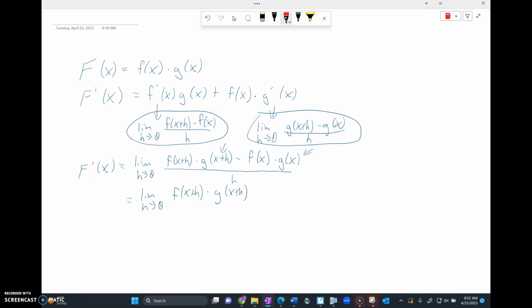If I introduce a minus f of x plus h times g of x, I'm introducing that because if I factor out an f of x plus h, I'm left with g of x plus h minus g of x, which would get me to that limit definition I have up on the right. But I can't just add in something that's convenient. That would completely throw us off. But here's the interesting piece. I'm going to go ahead and add in f of x plus h times g of x.